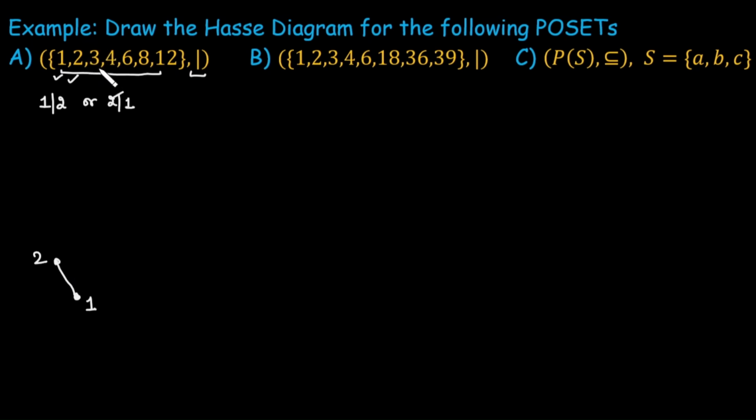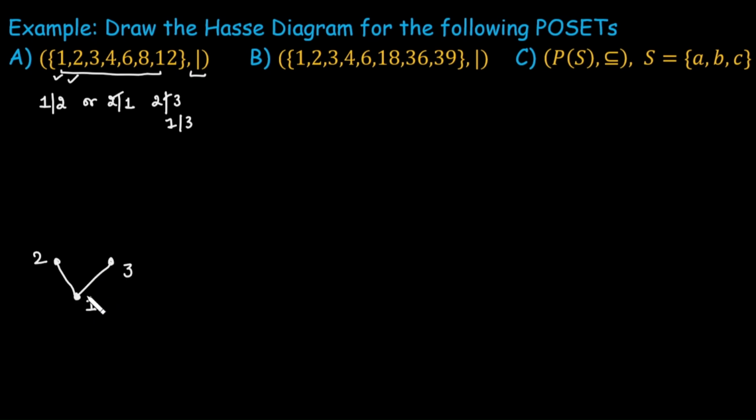Then take the element 3. Check whether 2 divides 3. No. Now check whether 1 divides 3. Yes. It means the level of the element 3 will be 1 above to the level of 1. Also, the level of 3 will be same as the level of 2.